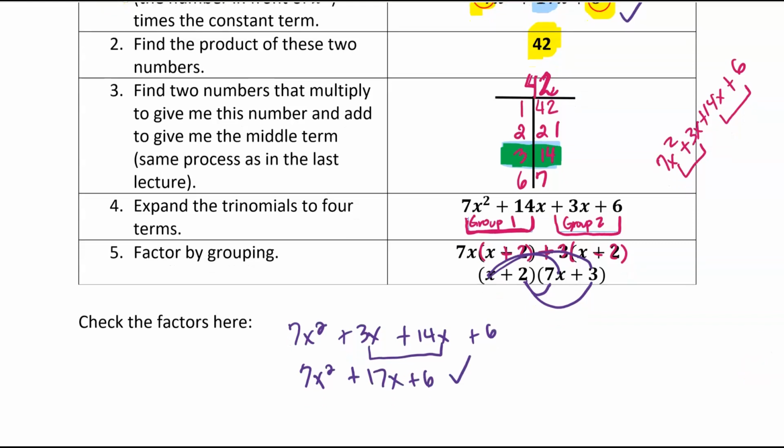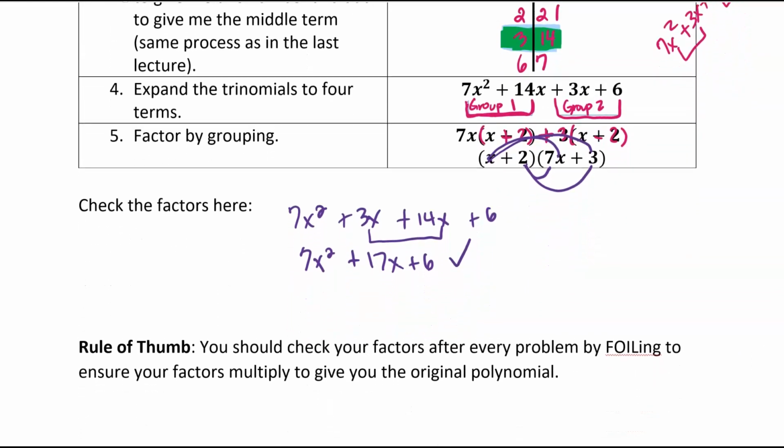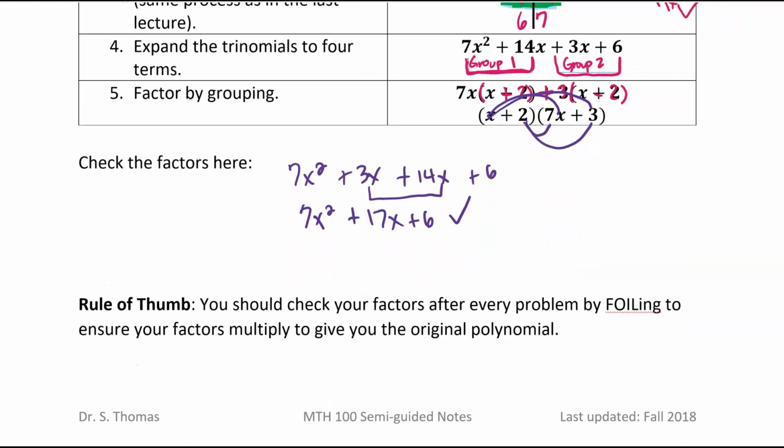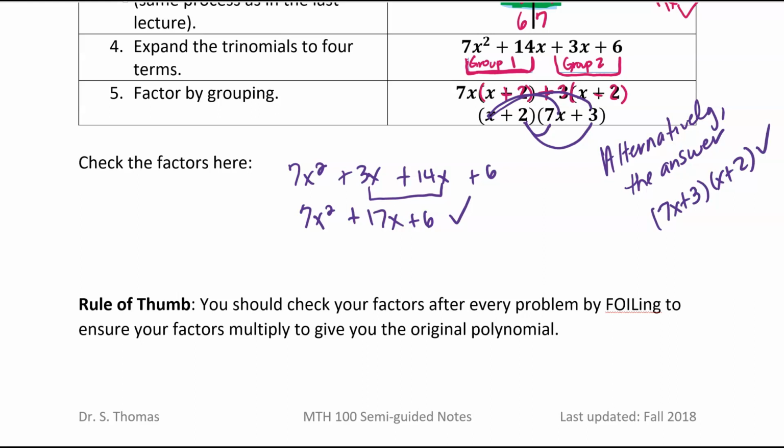Now, let me also state and reiterate that you could have also written the answer, alternatively, 7x plus 3 times x plus 2, which is also correct. So depending on how you wrote those middle terms, your answer could have come out to be this instead.